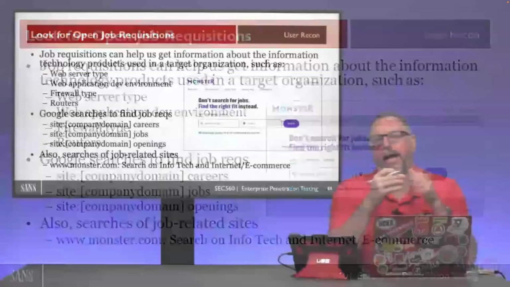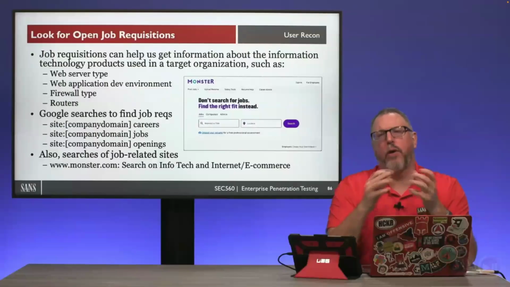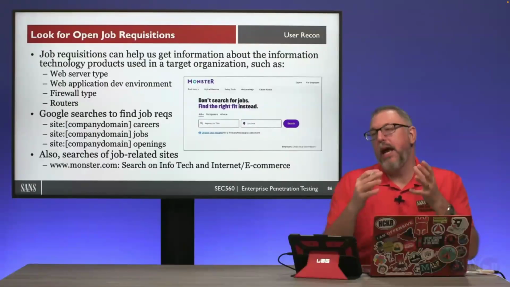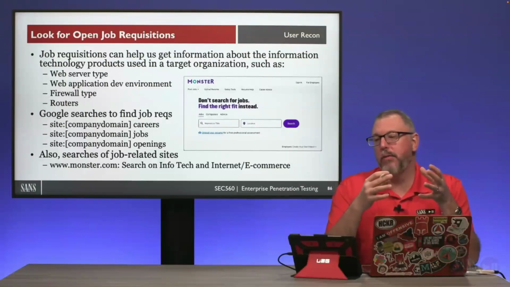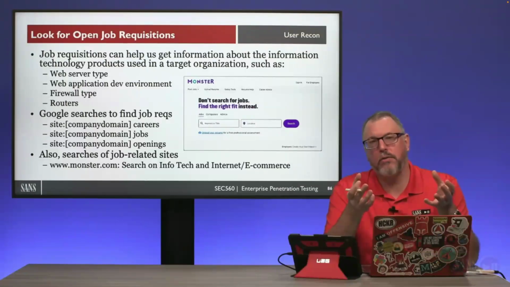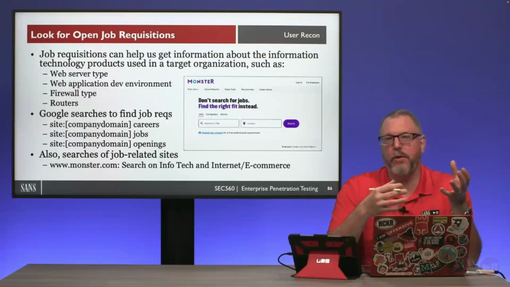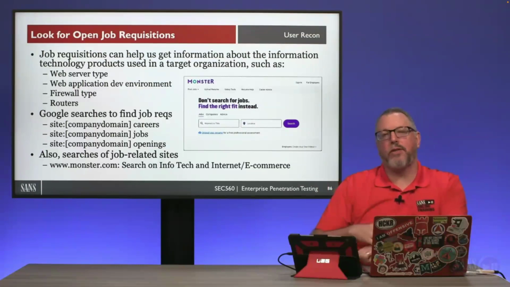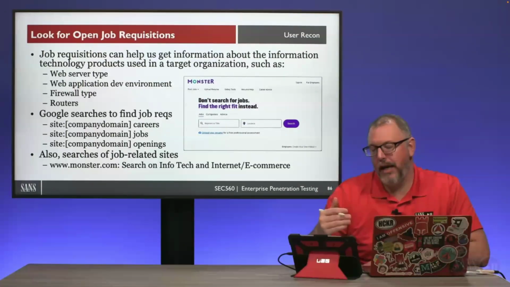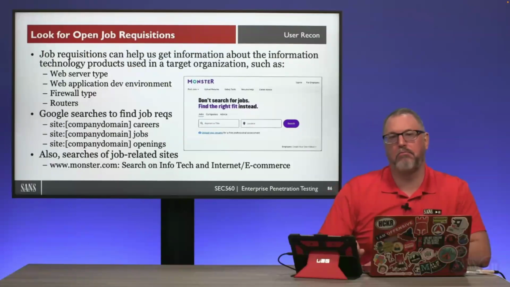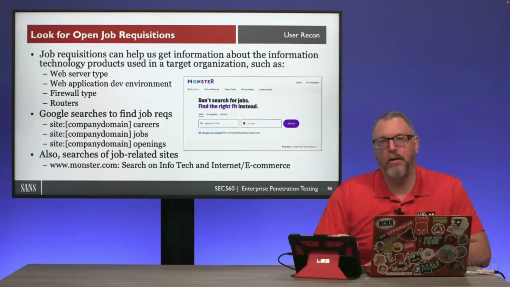We can look at job postings. So look at job postings, and from that we can get what software is in use, right? What technology, what hardware is in use. Because if they're looking for someone who's a SharePoint admin, guess what they're using inside that organization? SharePoint. Right?